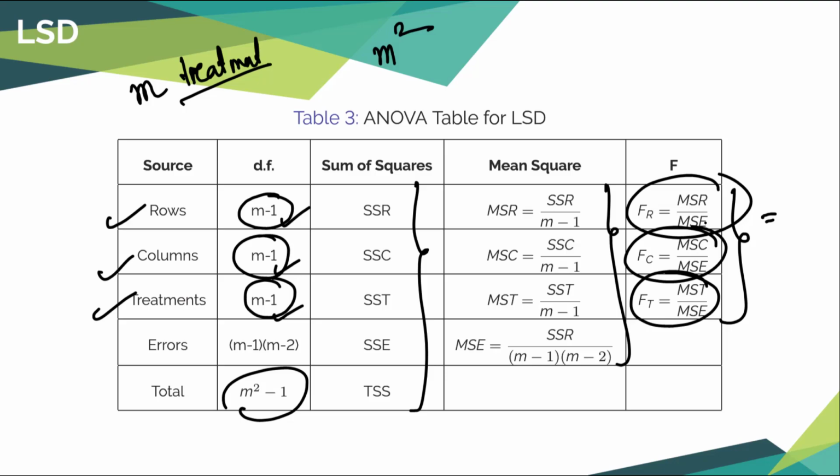I have not included any example for LSD, but you can find one online or in any textbook and solve it yourself. The same procedure that you applied in RBD will be applied in LSD, right? So this is the structure of the ANOVA table for LSD.